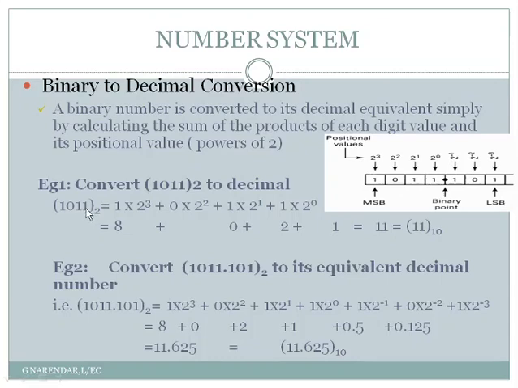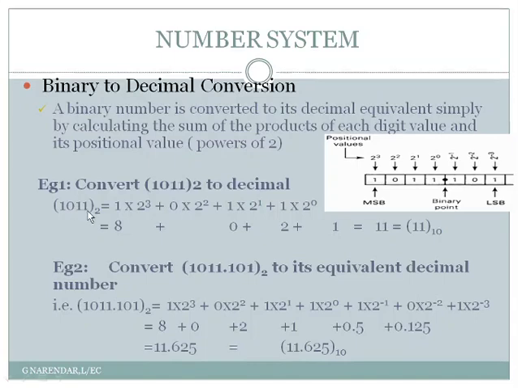The LSB digit is 1. The method says to take every digit of this binary number and multiply it with its corresponding position value, then add all those products to obtain the equivalent decimal number. We'll do that for the binary number 1011.